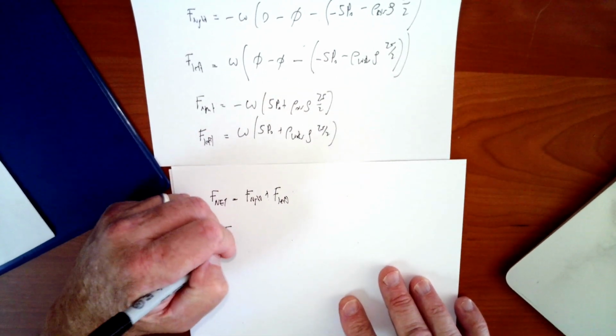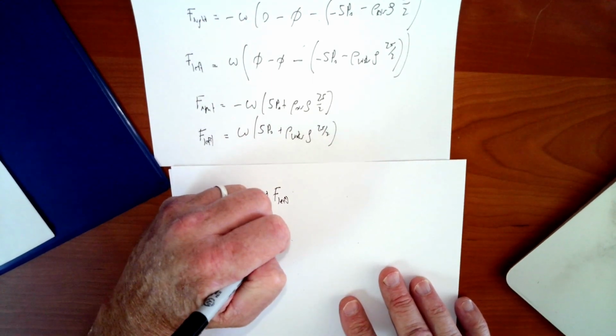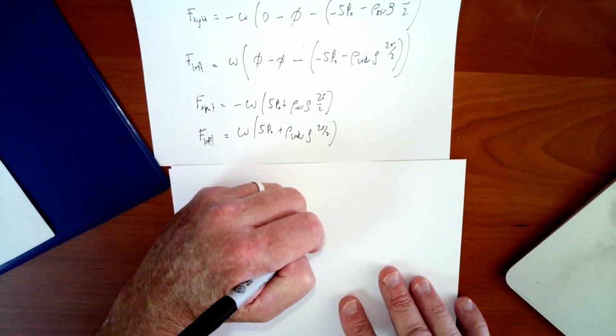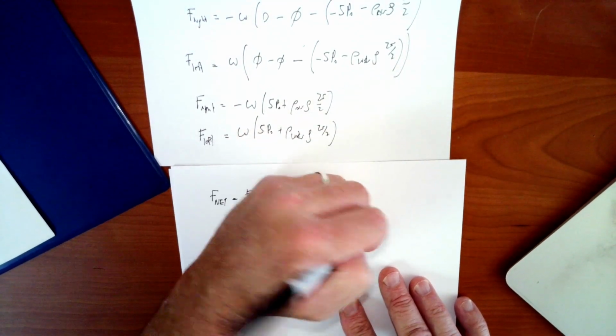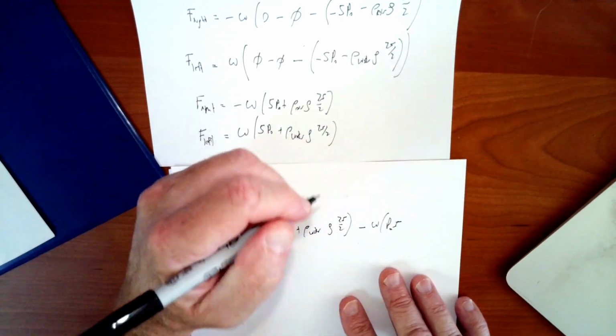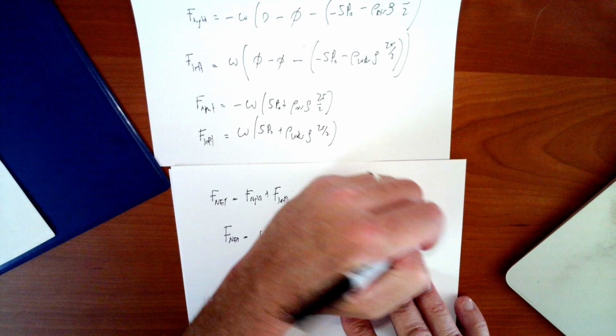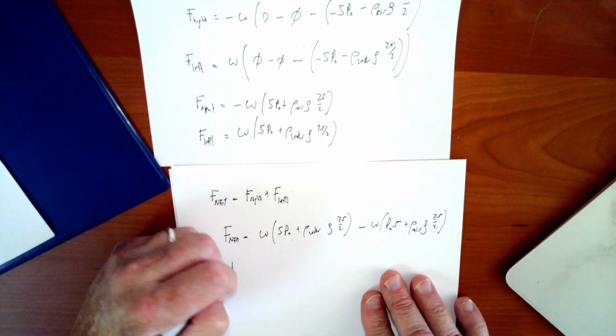So my net force is equal to W times 5P0 plus rho water G 25 over 2, minus W times P naught 5 plus rho air G 25 over 2. I'm going to clean that up.